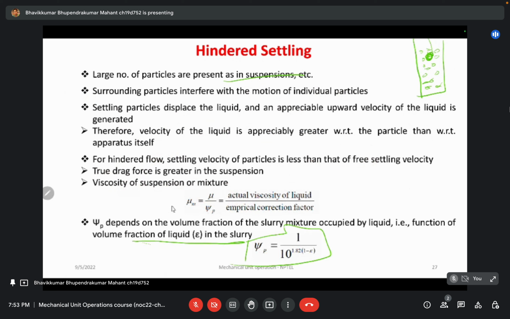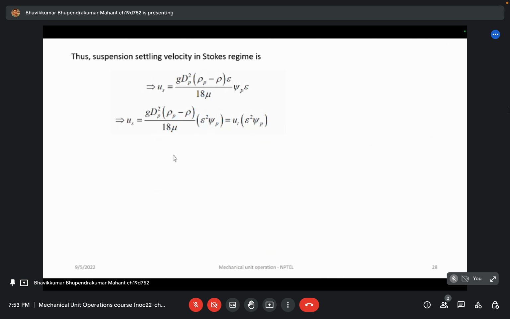The value of the empirical correction factor is given by 1 upon 10 to the power 1.82 times (1 minus epsilon), where epsilon is the porosity.